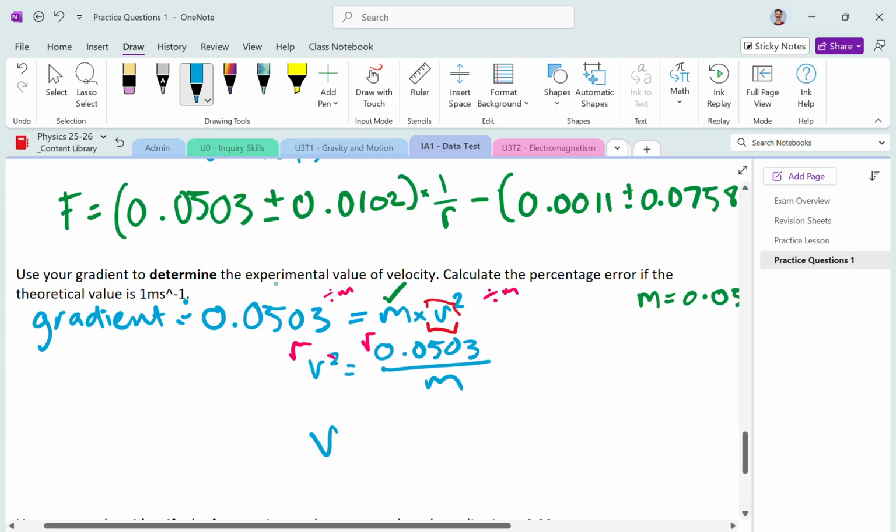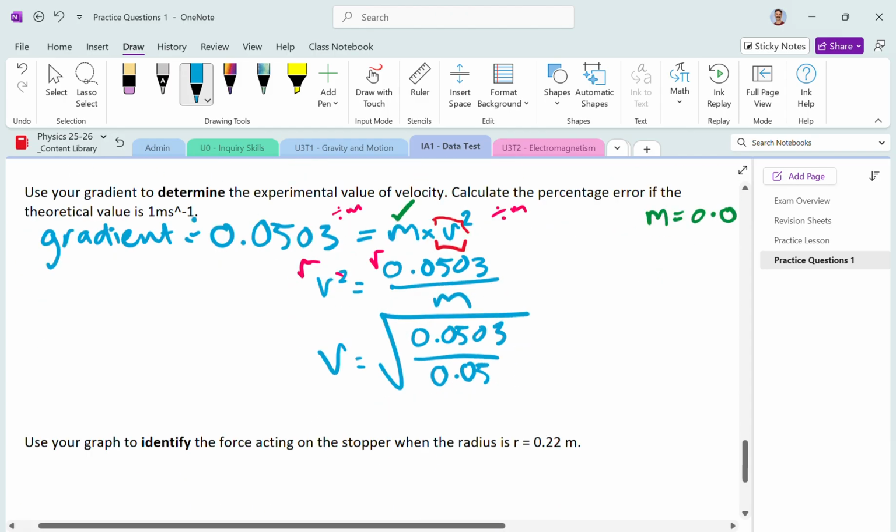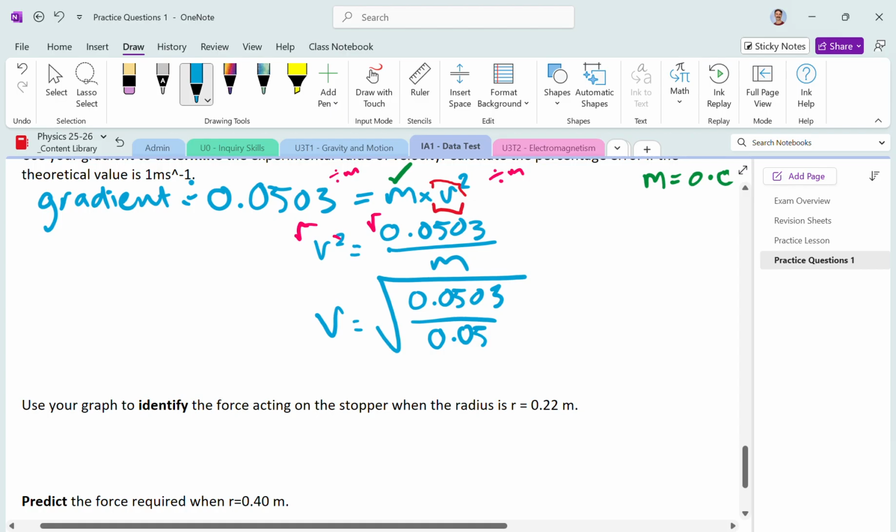And the velocity is going to be equal to the square root of 0.0503 divided by m, which is 0.05 kilograms. Cool. And I will calculate that. 0.0503 divided by 0.05, square root of that.